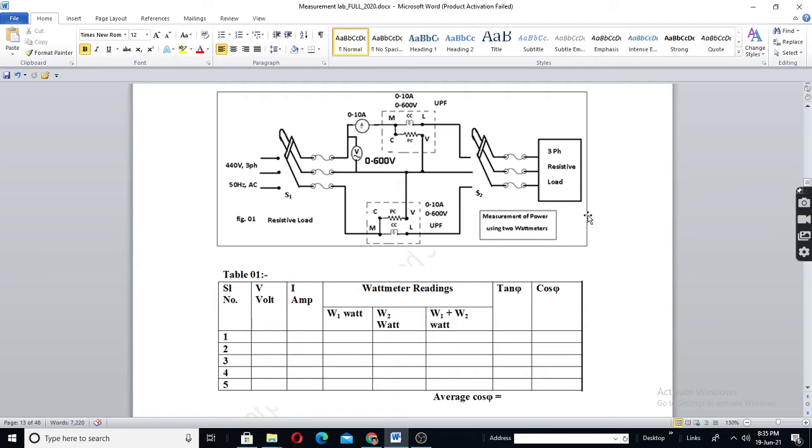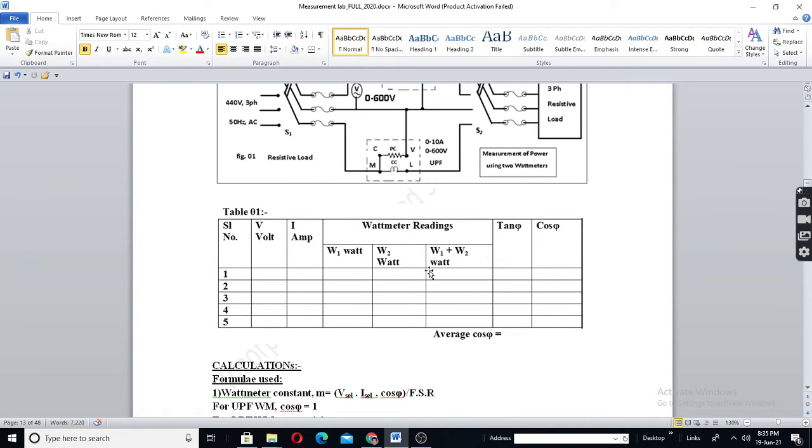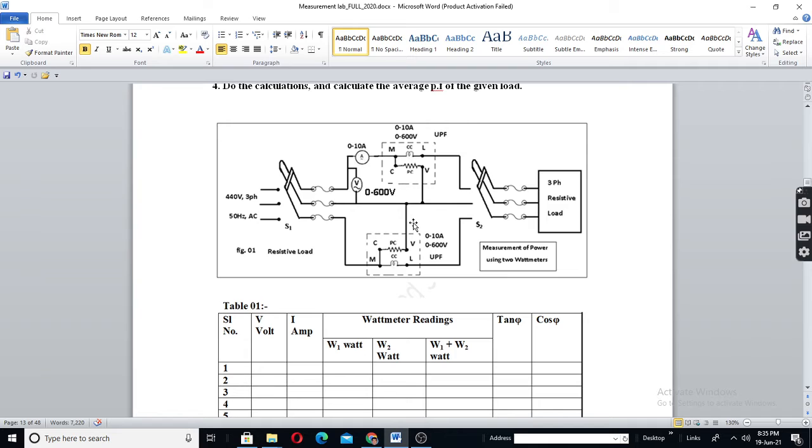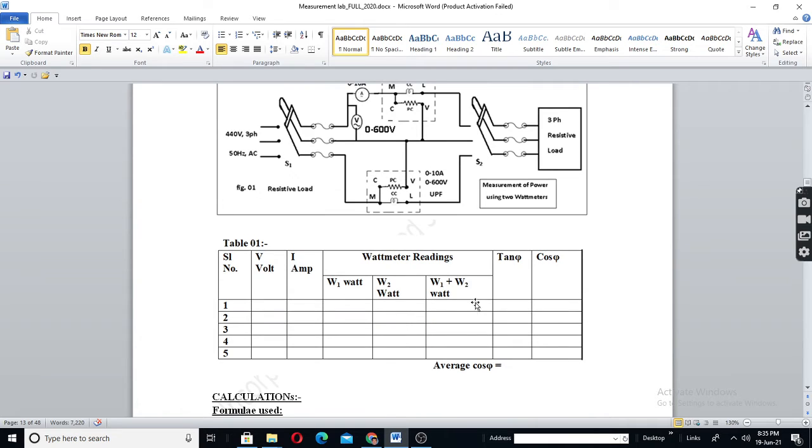Just first keep all the switches off, then close S1 and S2, then keep on increasing load. Note down both W1 and W2. Add W1 and W2, you will get total power.